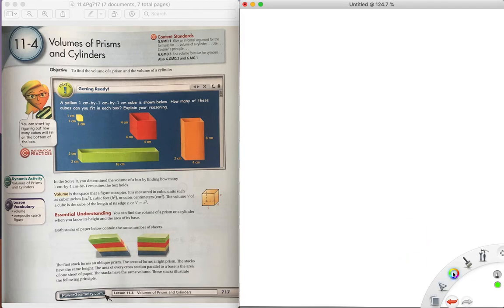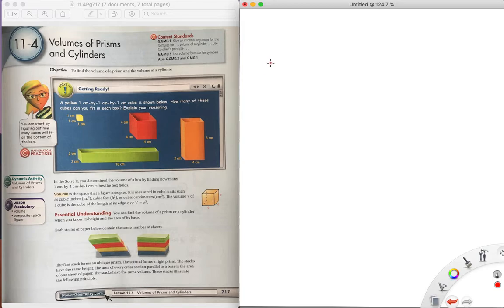Okay, so this is Chapter 11, Section 4, volumes of prisms and cylinders. It's really one equation, but two parts of one equation. And the volume is the space within a three-dimensional shape or solid.